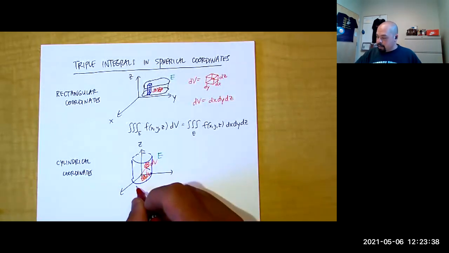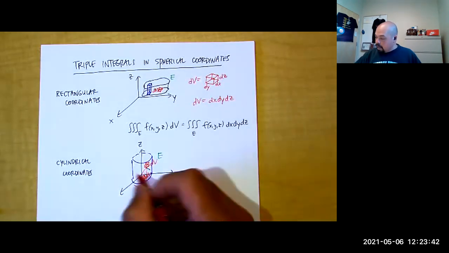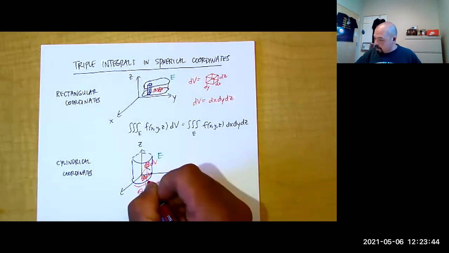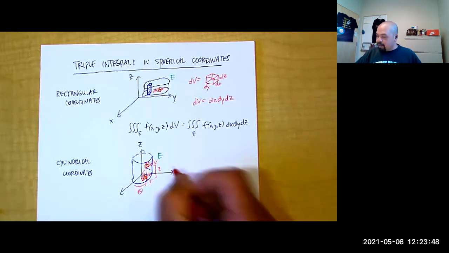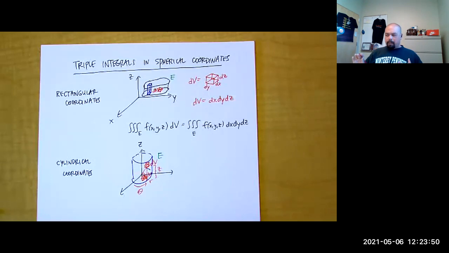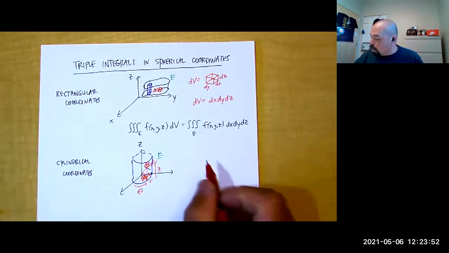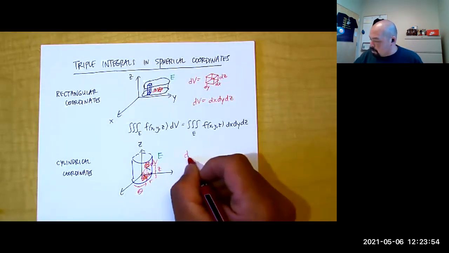We're going to need theta, r, how far out we are, and then the z part, the height still. I know it's a little messy, but looking at that point, we can locate it.